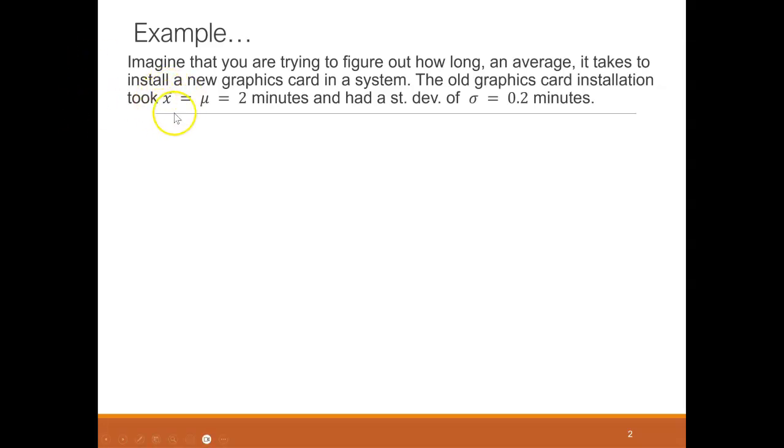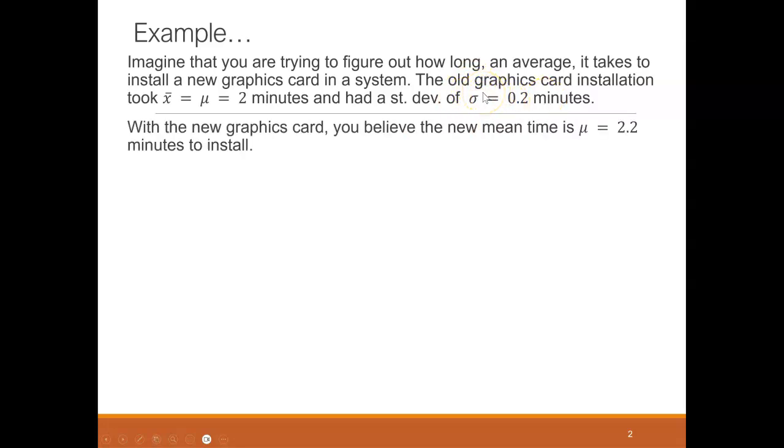So X bar or mu, we can use interchangeably as our symbol for a mean. And we had a standard deviation of 0.2 minutes. Again, sigma is our standard deviation symbol. Now we got these new graphics cards, and we believe the mean time for those is 2.2 minutes to install.